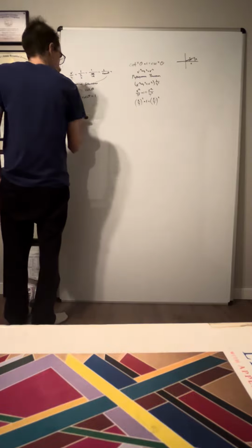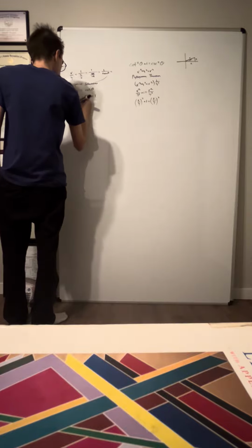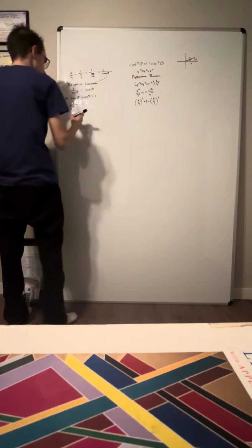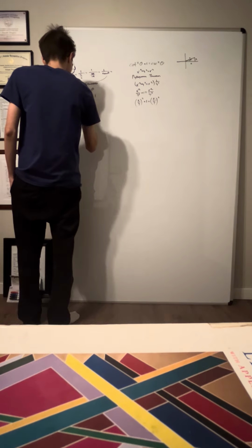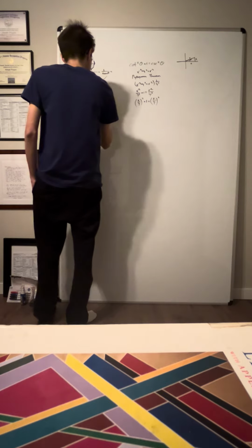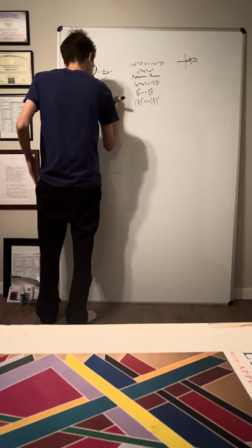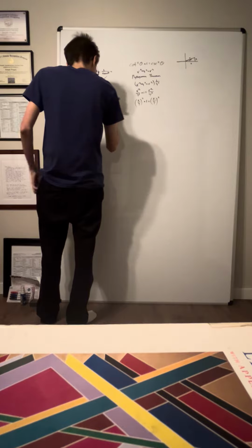And now what about our r over y piece? We can write that as 1 divided by y over r equals 1 over opposite over hypotenuse equals 1 over the sine of our angle.